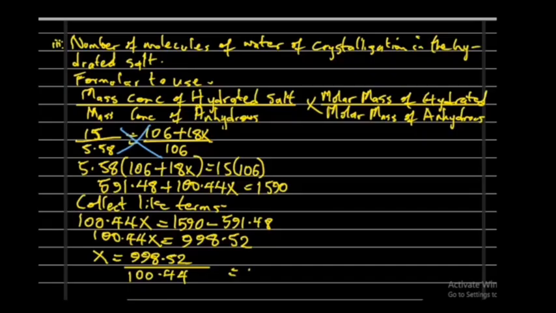We have 9.941, which is approximately 10. So that is the number of molecules of water of crystallization in the hydrated salt. So that's the answer.